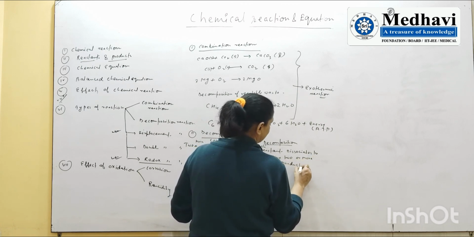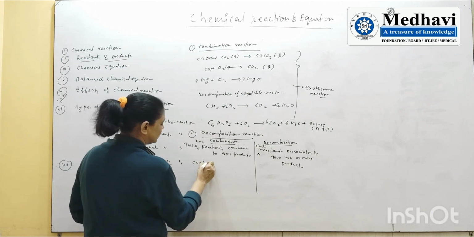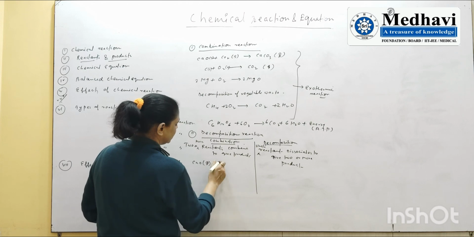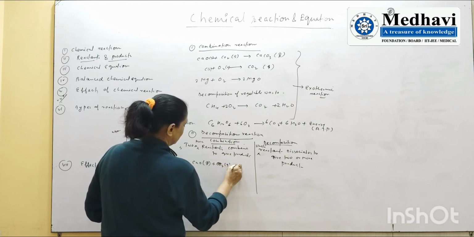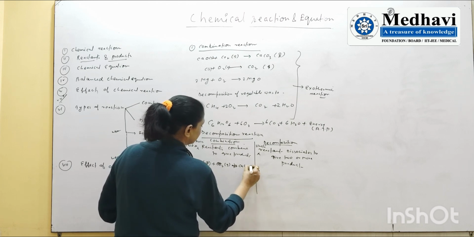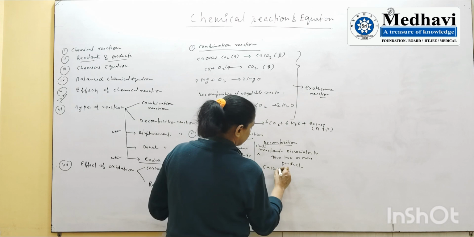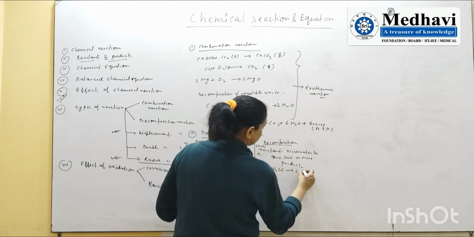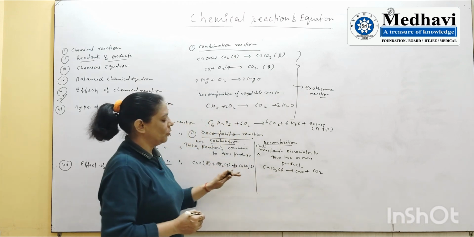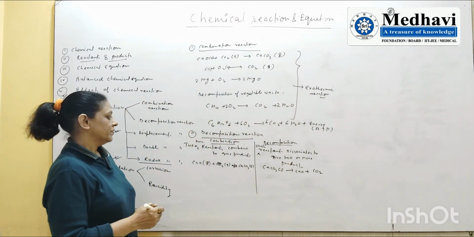There is a single example I want to take, a single equation: calcium oxide, that is quicklime, reacts with carbon dioxide to give calcium carbonate, and here calcium carbonate dissociates to give calcium oxide plus carbon dioxide. So both are opposite to each other.